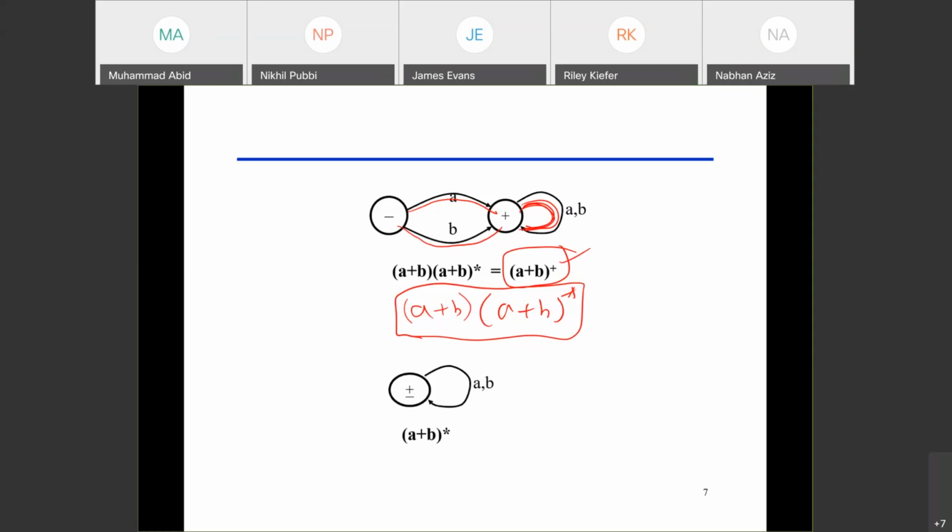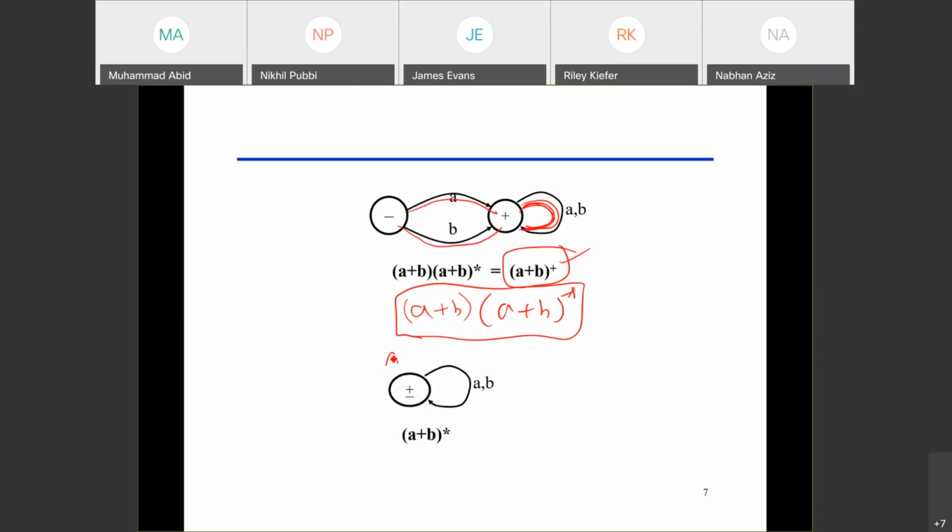Okay. So now, whenever your start state is also a final state, what does it mean? It means you are at the start state without giving any input, you are at the final state, and the word will be accepted. And this is lambda.